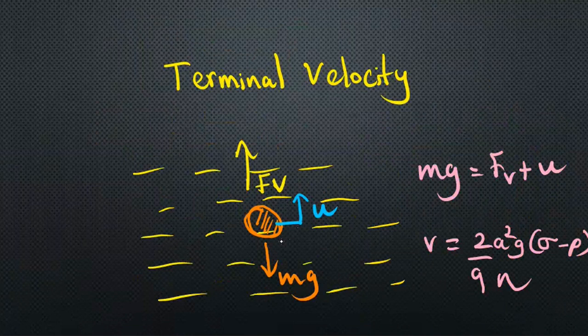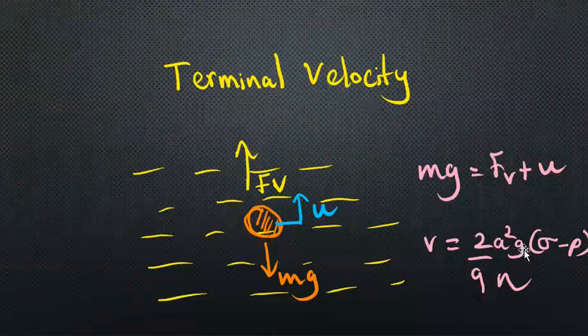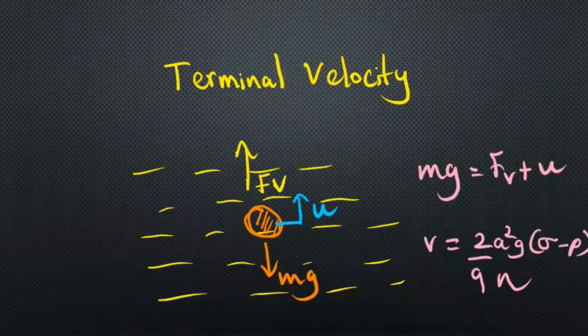Then the sphere will achieve a constant velocity, so we call it terminal velocity. Terminal velocity V equals 2 a square g (sigma minus rho) over 9 eta. Here sigma is the density of the sphere and rho is the density of the liquid.